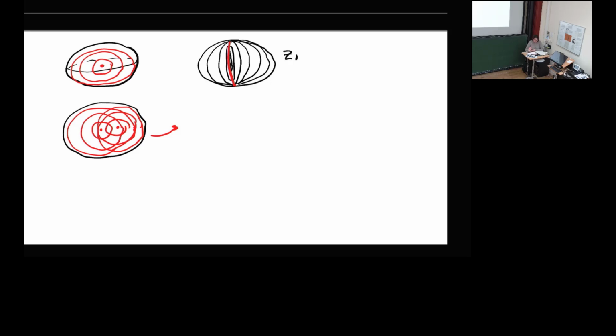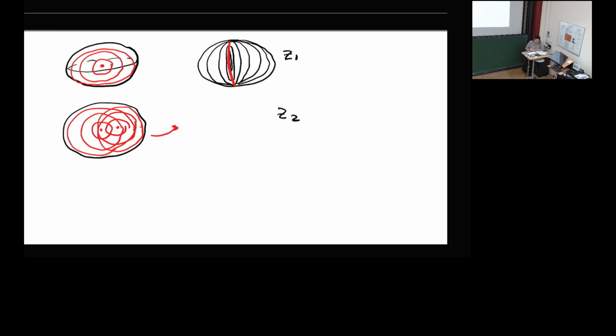Let's do exactly the same thing. Repeat this procedure. Yeah. So this is going to be a two-parameter family. What is it we're going to get? We're going to get just pairs of meridians, right? So this is Z2. This is a new representative for Z2.